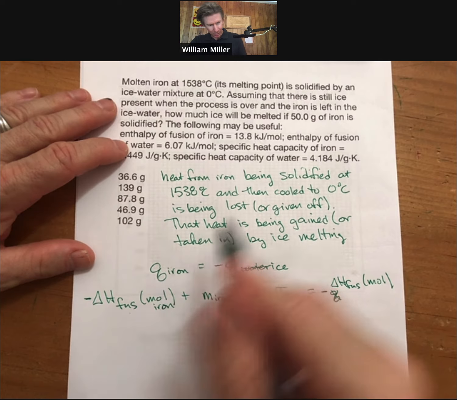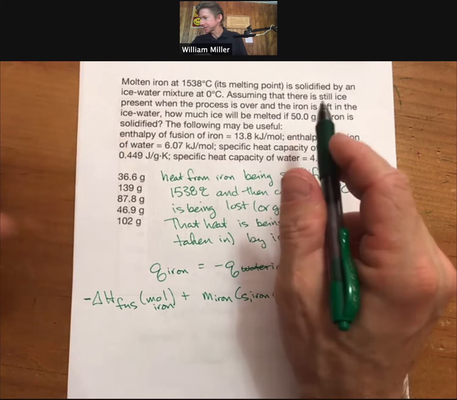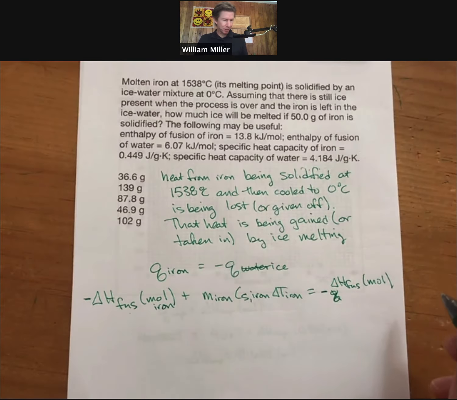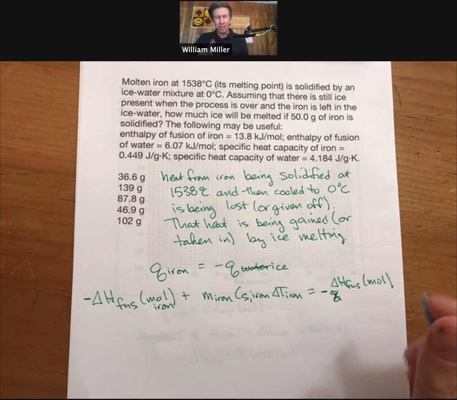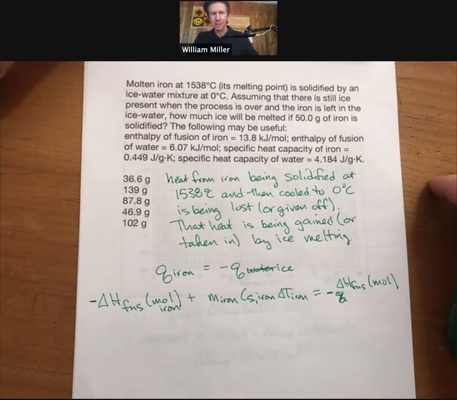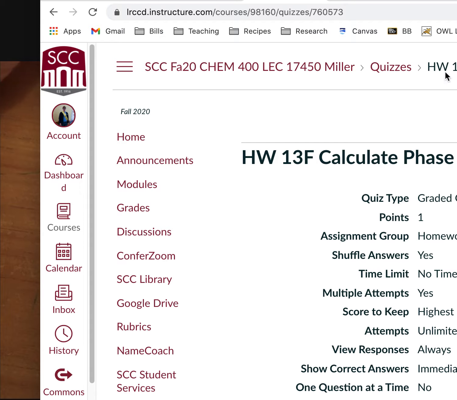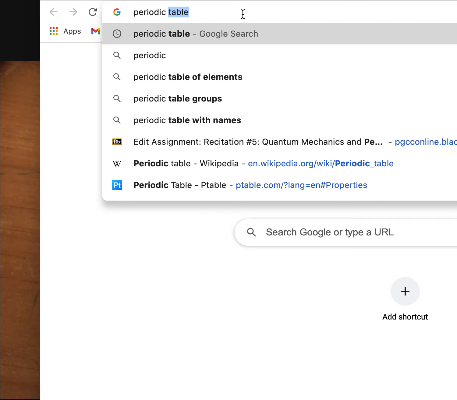So we have 50 grams of iron, according to our periodic table, which I had at some point around here. Well, we'll fill that in a minute. So embarrassing.